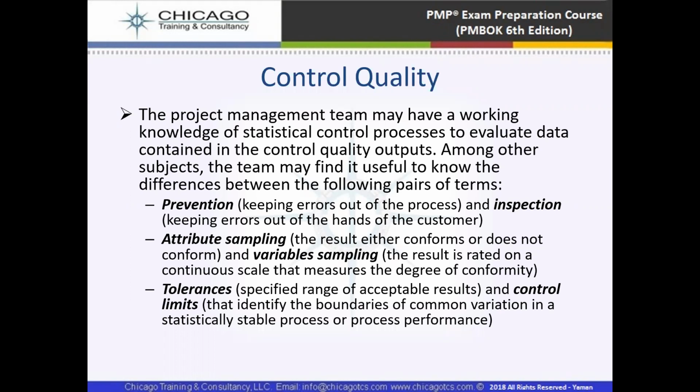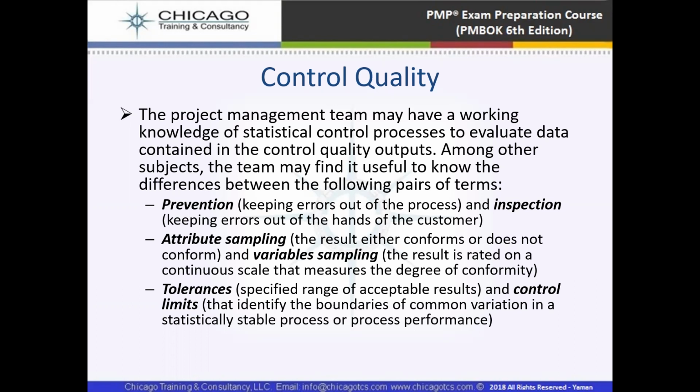Tolerances means we have some tolerance to accept the results. Let's say, for example, the strength of concrete. We might have some tolerance here that, okay, if it reaches that particular point, we will say the results are okay, but it should have some tolerance.